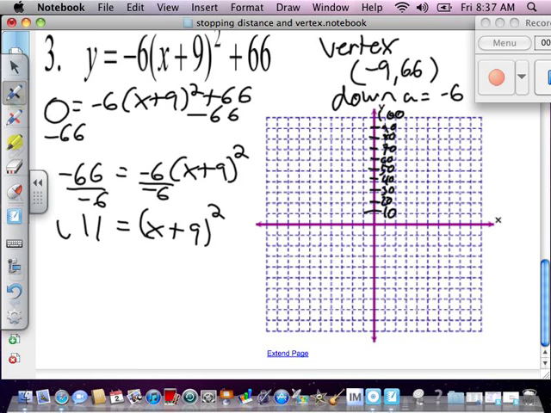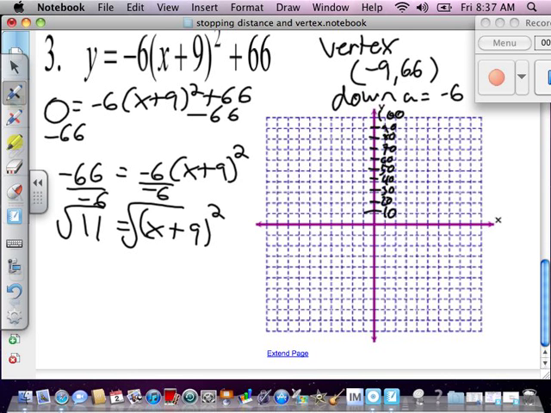All right, so we're going to square root both sides. Uh-oh. We've got 11. Is 11 a perfect square? No, so we're going to get a crazy decimal. What's wrong with your calculator? Try putting square root of 11.0.